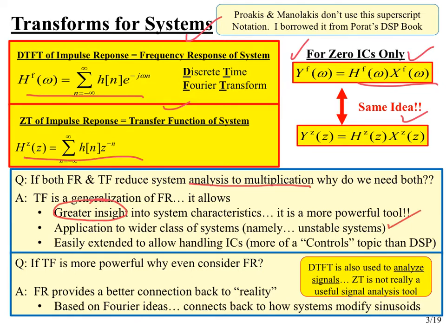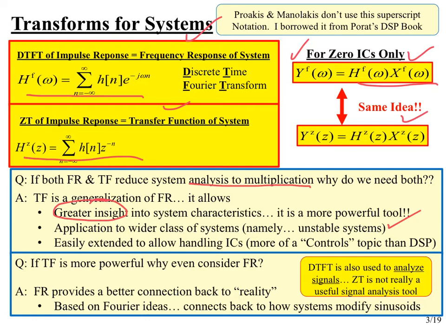It also allows us to handle situations where the system is unstable. So the frequency response does not exist for an unstable system, so we can't really use that tool to analyze an unstable system. Now you might say, well, if the system's unstable, why would we care about it?